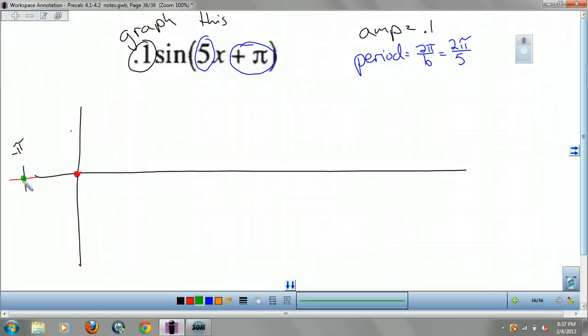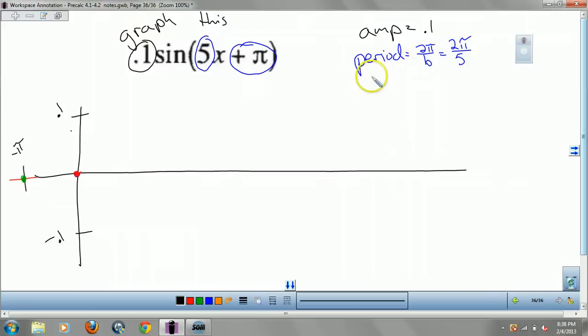Now, what do I do next? I'm going to plug in my amplitude. 0.1, a negative 0.1. Okay? So now, my period is 2 pi over 5, right?